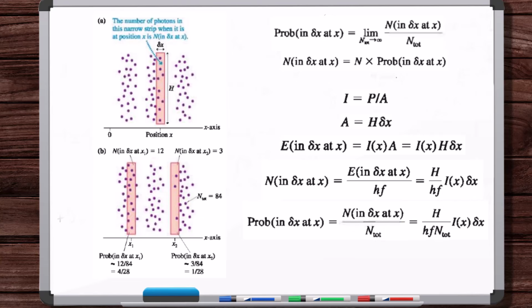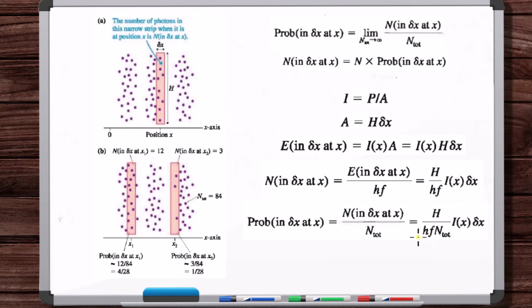Okay, now the final step is to recall that we mentioned how the intensity of the light is proportional to the amplitude squared. Well, here's the intensity. These are just constant terms, right? This is just the frequency of the incoming wave. This is n total. H is just the height. This constant h, Planck's constant.